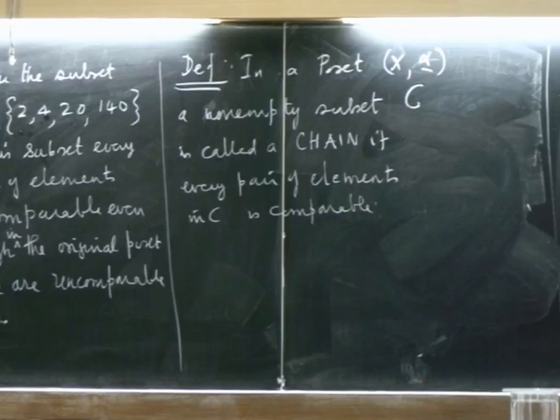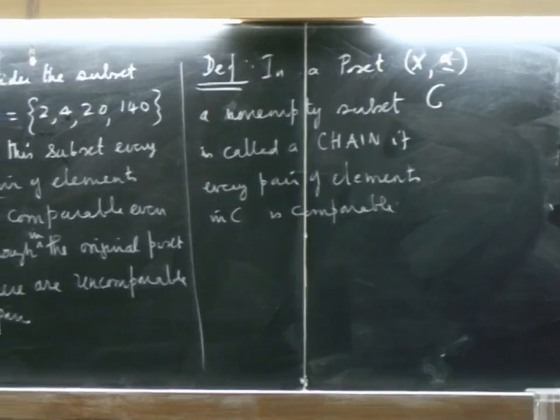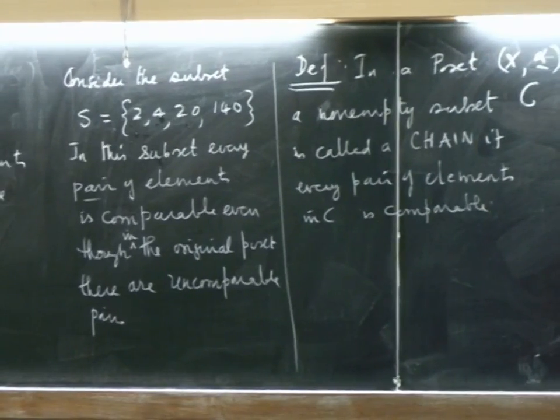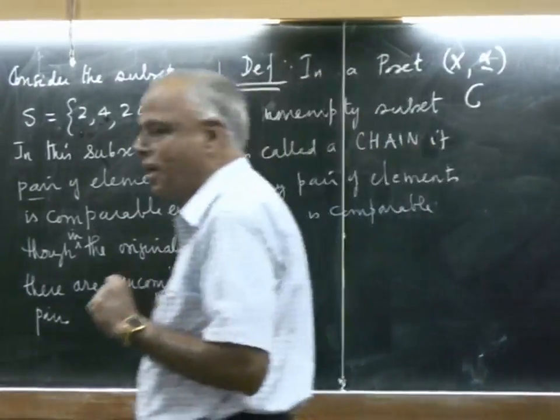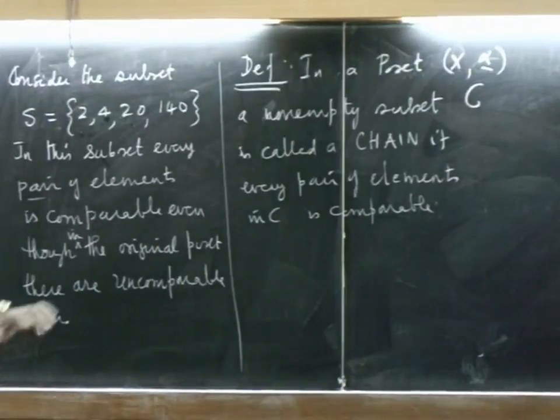So, now we have many chains. Even though the original poset is somewhat disorganized in its order, there are elements which are not comparable. Here they are neatly organized. There are certain smaller universes which are neatly organized where every pair is comparable.